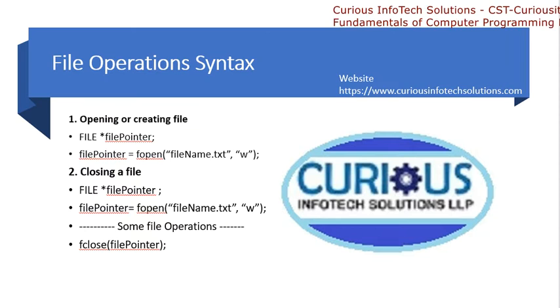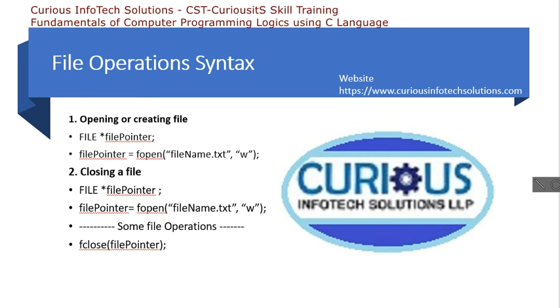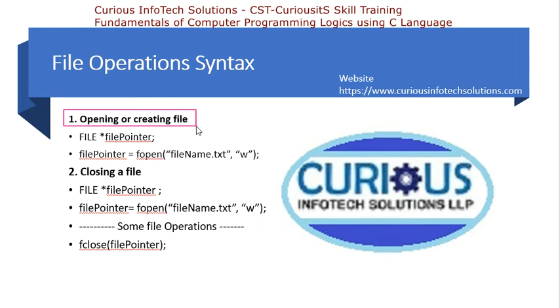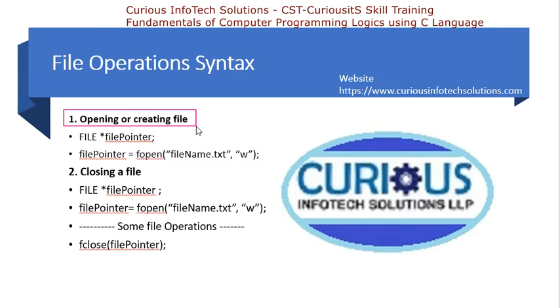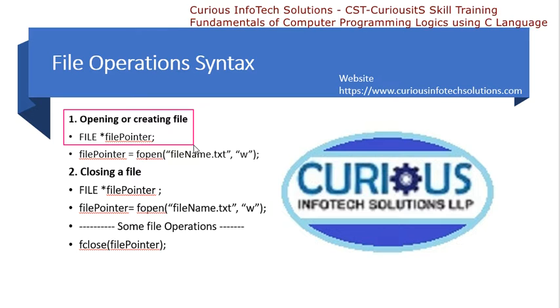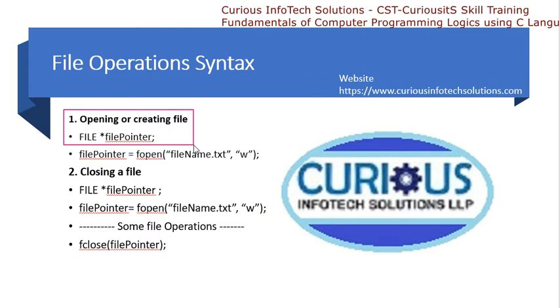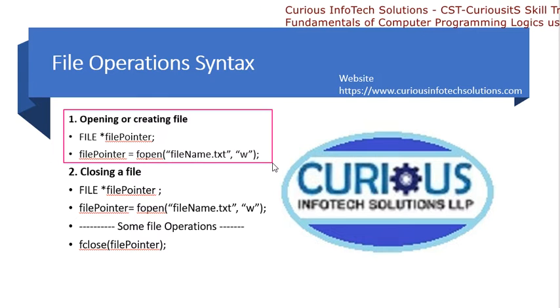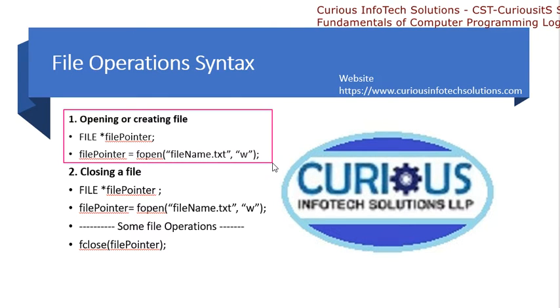Okay. Now in the second part, file operations, the first is opening or creating a file. Here we have a file data structure with which we can make a variable a file pointer.